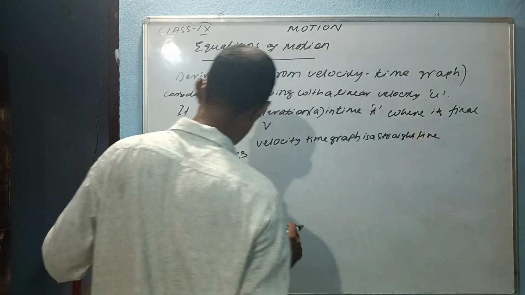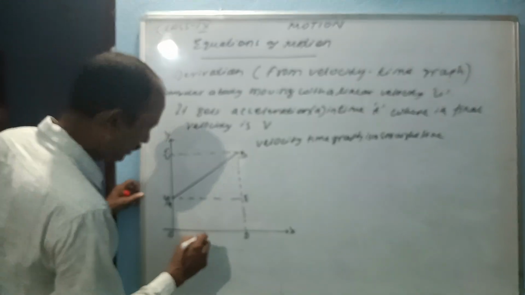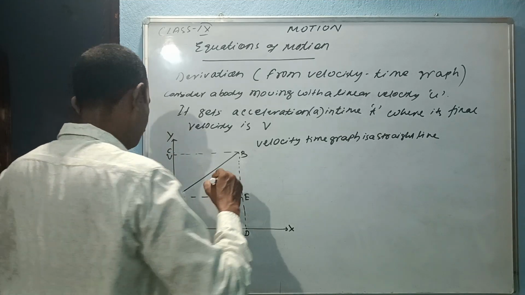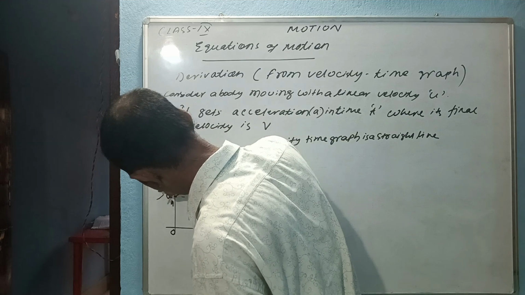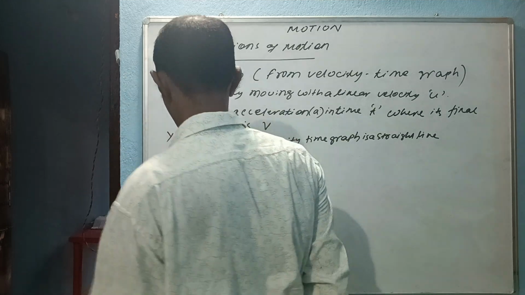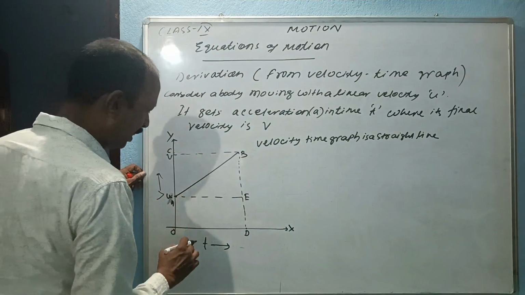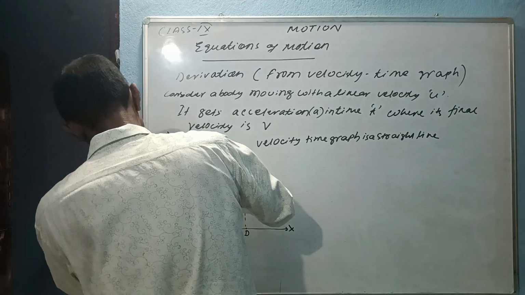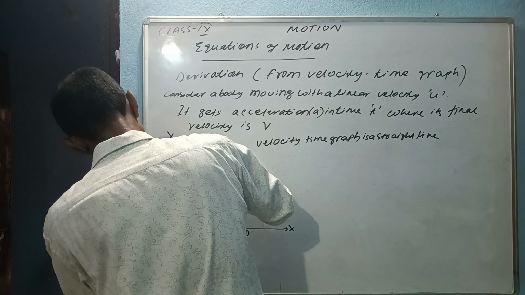You see that AB is a straight line. In the x-axis I have taken the time. In the y-axis I have taken the velocity, because this is a velocity time graph. Time we have taken in seconds, velocity in meter per second.